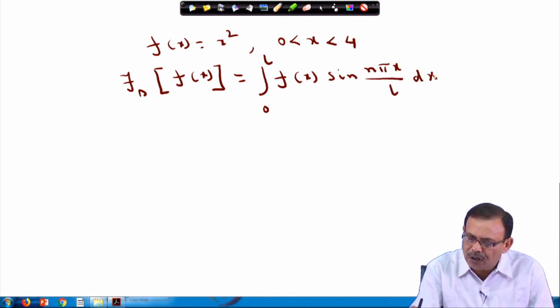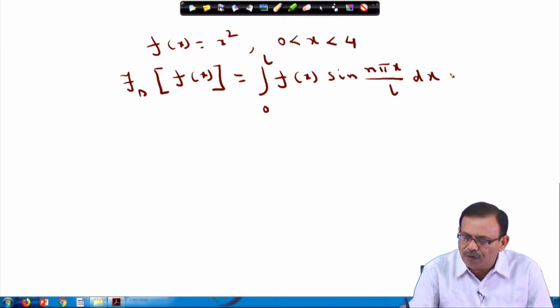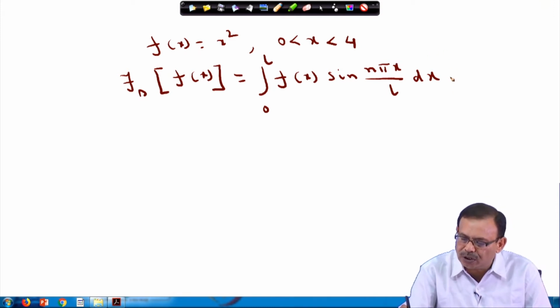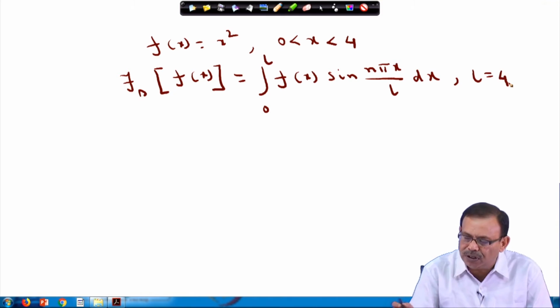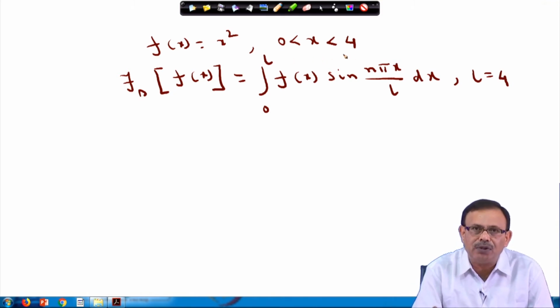Here f(x) is x square and L is 4, since the function is defined from 0 to 4.